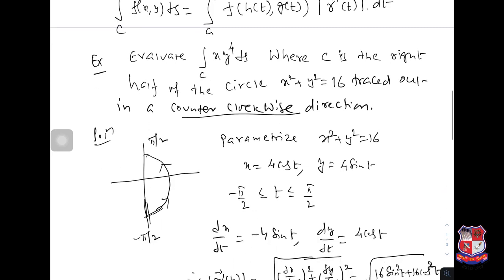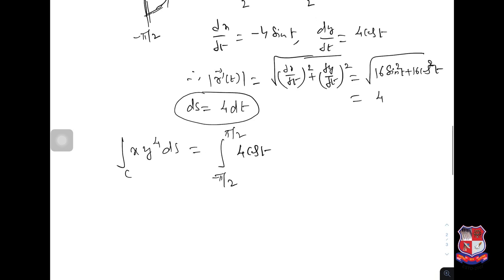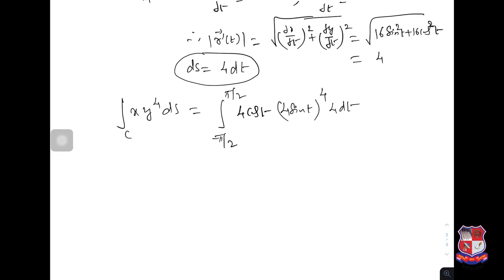Okay, so now what is the line integral? The line integral along C of x y⁴ ds equals the integral from -π/2 to π/2 of x, which is 4 cos t, times y⁴, which is (4 sin t)⁴, and ds is 4 dt.